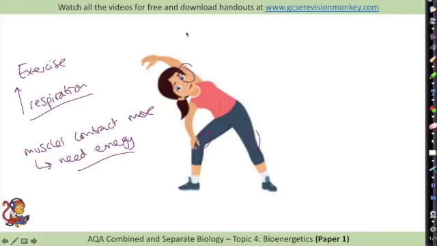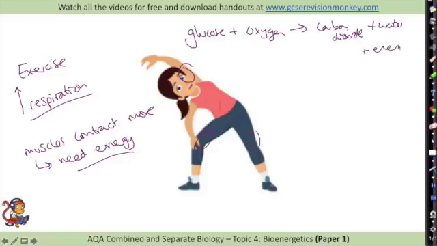In order for respiration, if we remember the equation, you need your glucose and your oxygen to make carbon dioxide and water, and obviously the energy released as well that we put in brackets. But we also need to have more oxygen. So when we're exercising, our breathing rate will increase.